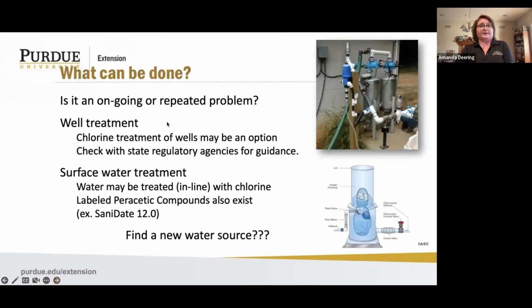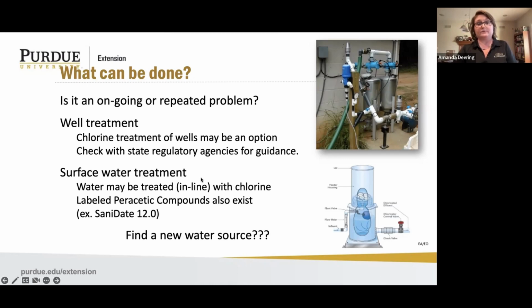And here are some of the things to ask yourself: is it an ongoing or repeated problem? So maybe you sample your well, you get positive E. coli, you shock it, which means you add sanitizer to it, you test it again, and it's fine. All right, move on. So you might have to do something like that.